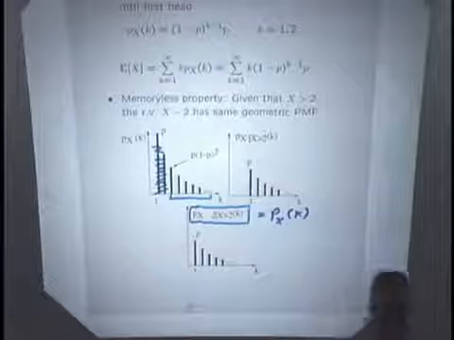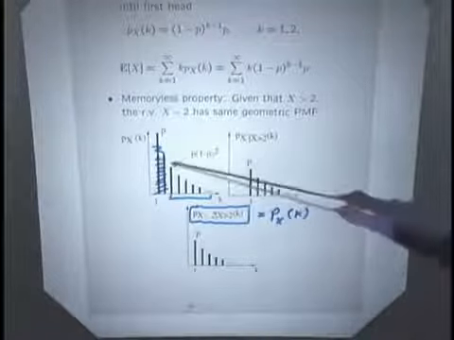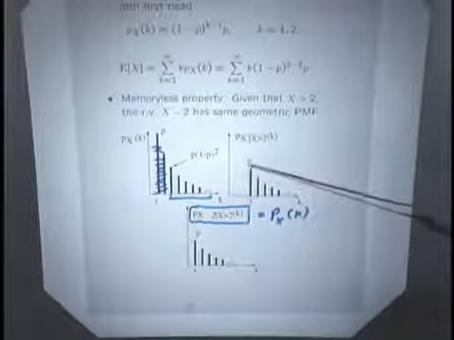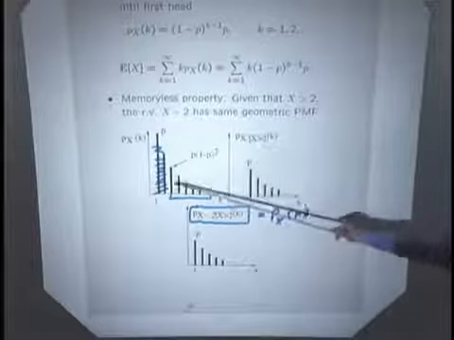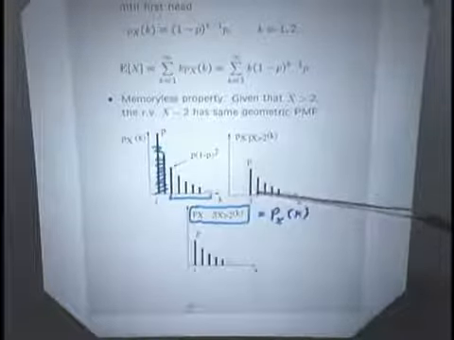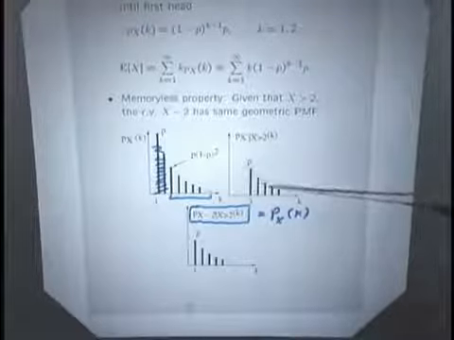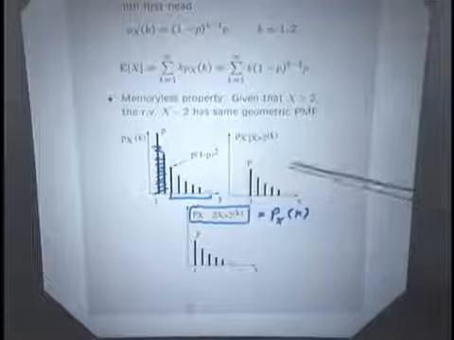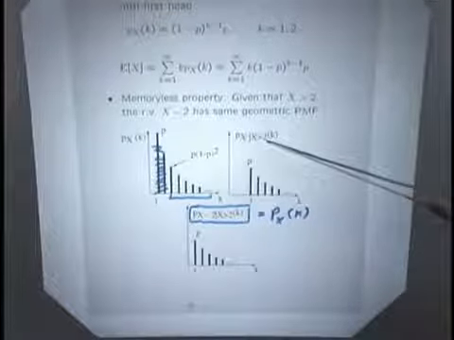When you condition on that event, what's left is the conditional PMF, which has the same shape as this one, except that it needs to be renormalized up so that the probabilities add up to 1. So you take that picture, but you need to change the heights of it so that these terms add up to 1. And this is the conditional PMF of x, given that x is bigger than 2.